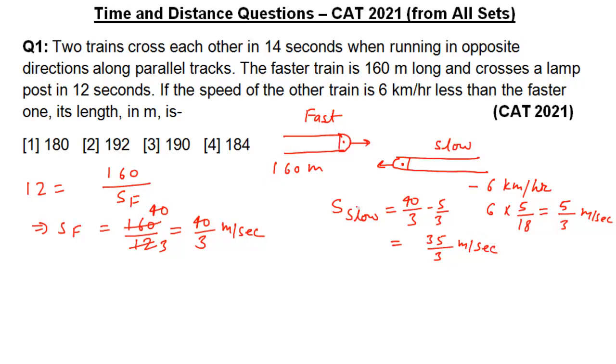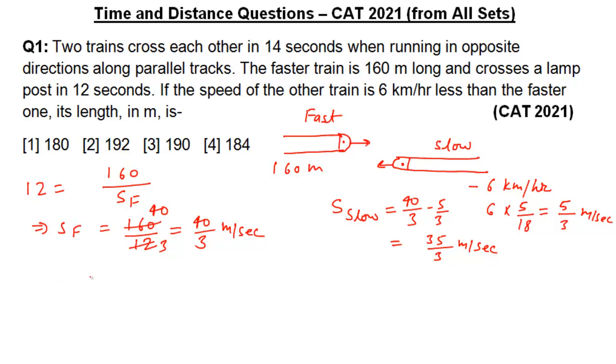So now you got the speed of both the trains in meter per second and the length of the faster one is given. And it is given that the two trains cross each other in 14 seconds when running in opposite directions along parallel tracks.